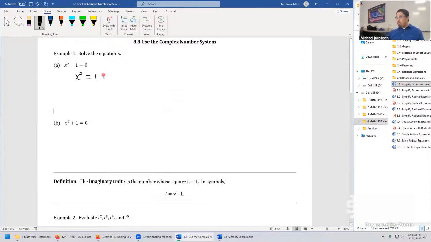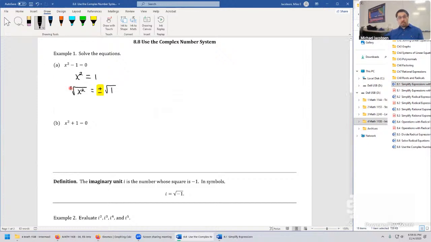Then you could take the square roots of both sides of this equation. When you do that, you have square root of x squared equals either a positive or negative square root of 1. Here's the new thing that's a bit of a surprise. Taking a square root of both sides of the equation gives us 2 possibilities, a positive or a negative output.